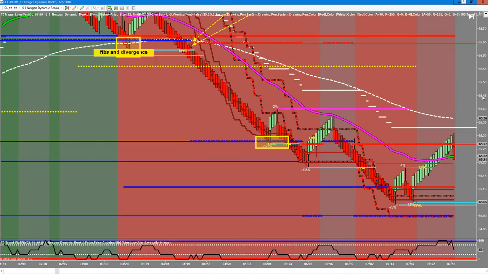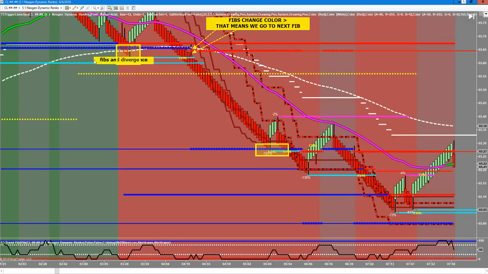Fibs and divergence causing trouble. Sometimes when the market's really strong and breaking through things, we'll take one more. But again, for now, we'll just leave it as fibs and divergence, no trend trade short, okay? Sometimes when things are too strong, you got to take one more anyway, but you'll get used to that.